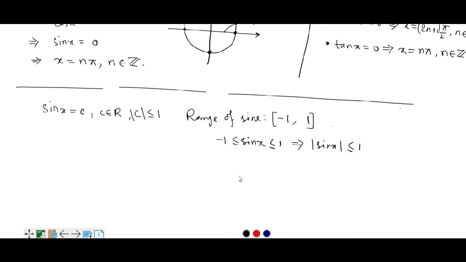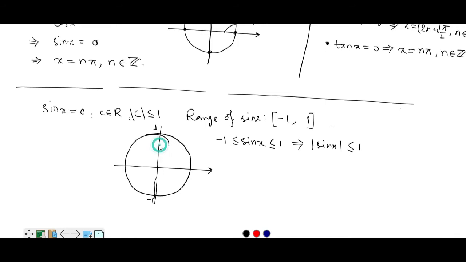So now the question is how to solve this equation. As we have already seen, if you draw the unit circle here, my drawing is day by day becoming better. For the point C, we know that on the unit circle these points will be 1 and -1. So for the value C, this must be somewhere on the circle.